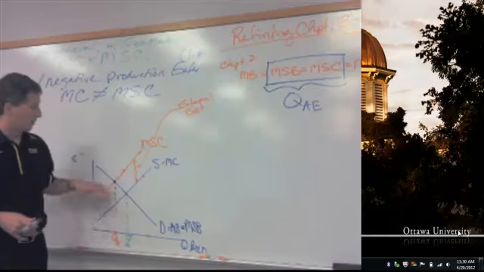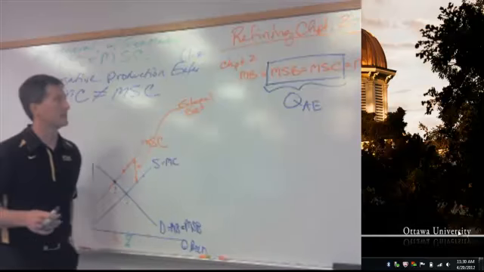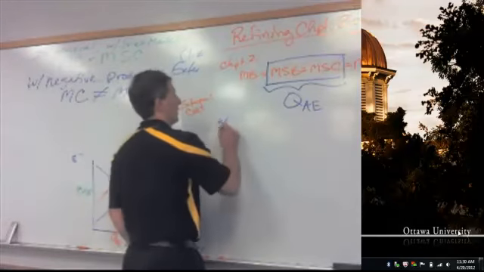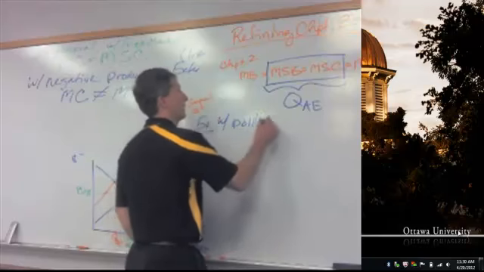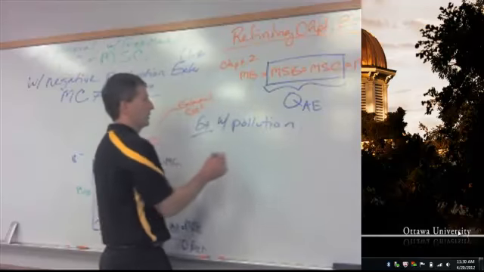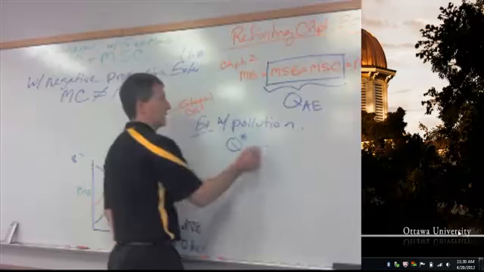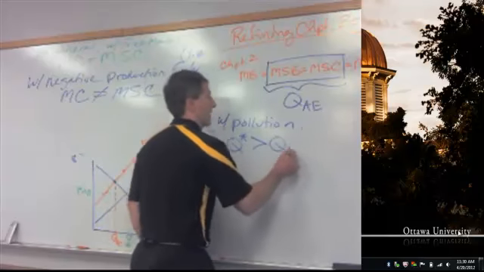And what this graph is showing us is that with the pollution from our example, with pollution, the market quantity is greater than what's allocatively efficient.